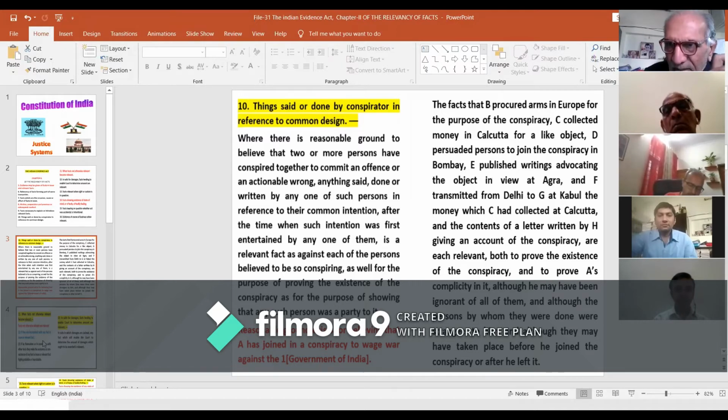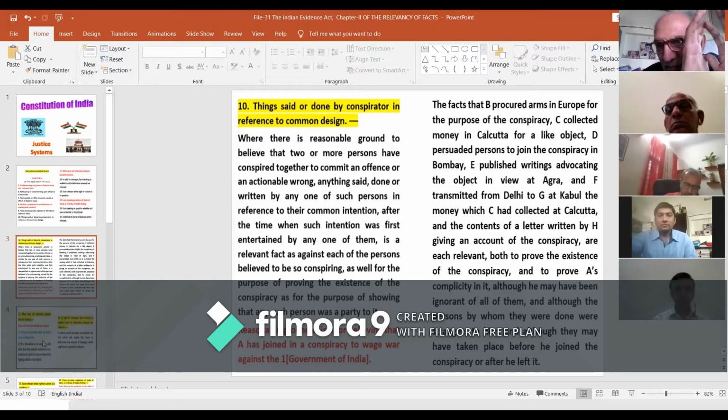Conspiracies are usually hatched in secrecy. Something conspired, something agreed, a mental state reached in secrecy. So, the effort of the law is to reach that agreement, the meeting of minds of the individuals in secrecy.